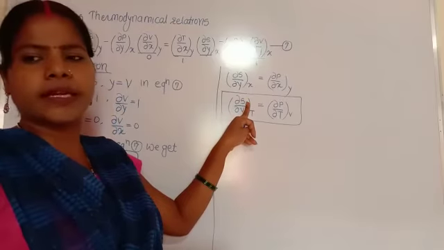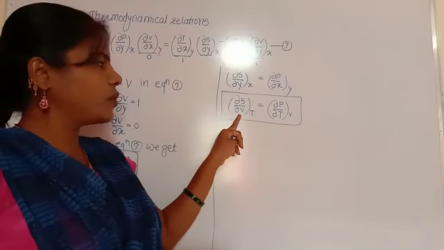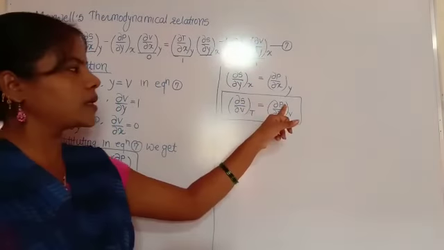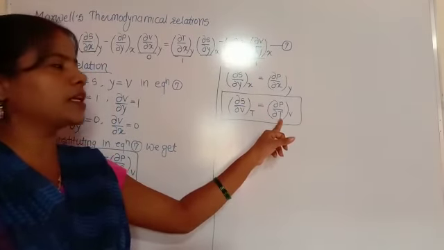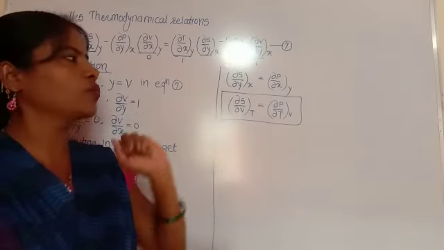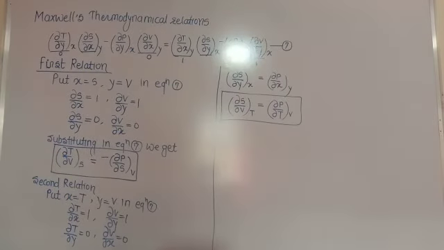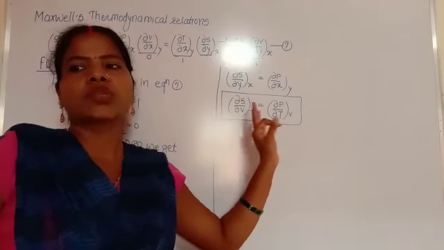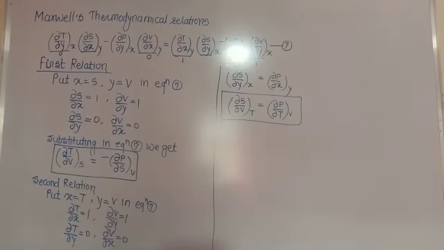So this equation shows that the increase in entropy per unit increase in volume at constant temperature is equal to the increase in pressure per unit increase in temperature at constant volume. So this is the Maxwell second thermodynamic relation.